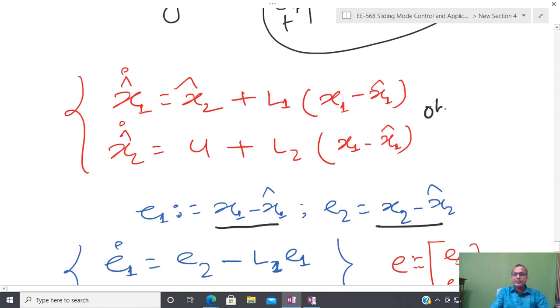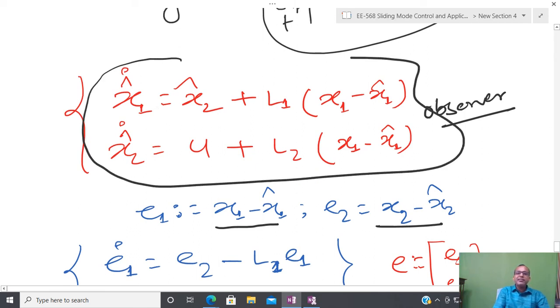This is the observer dynamics. Please be careful, most of the time students call the error the observer dynamics, but this is the observer dynamics. This kind of thing I have to write inside the computer, because everything is known: X1, L1, L2, and U are known to you, and you assume you have knowledge of the state X1, while these two are unknown. So you can take any initial conditions x1 and x2 cap, and write the computer program so you can run it.